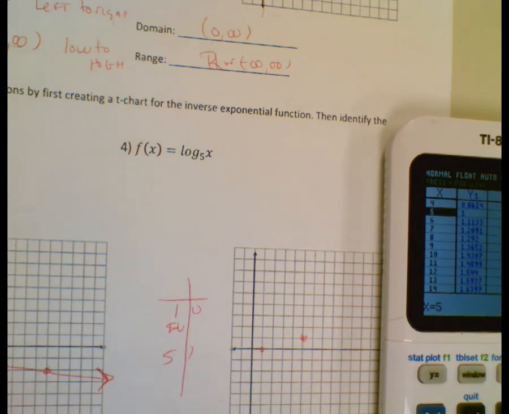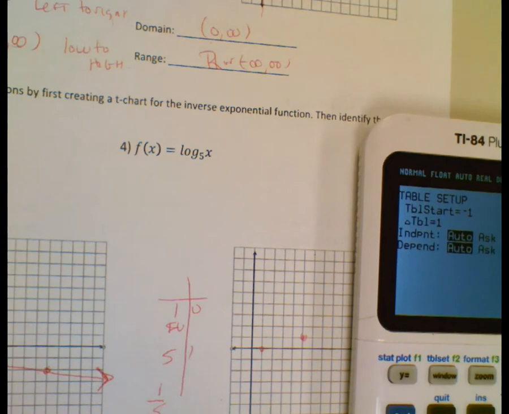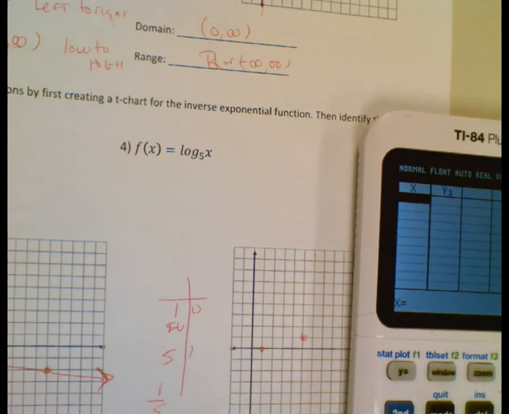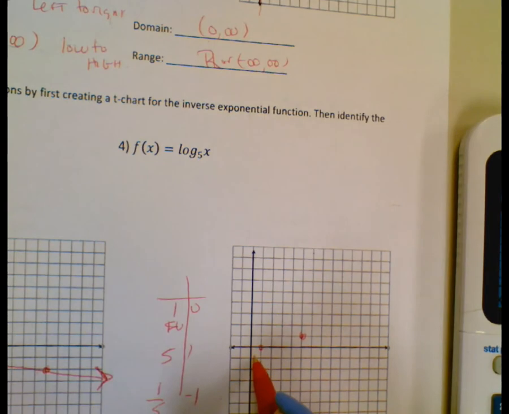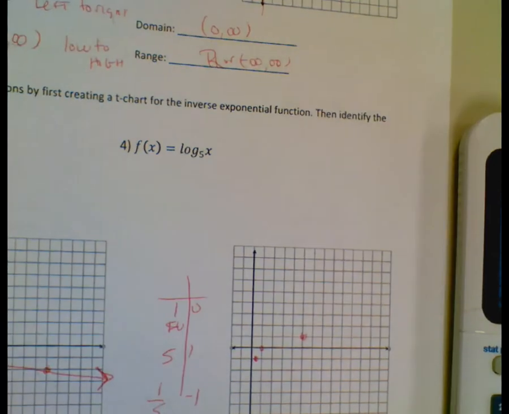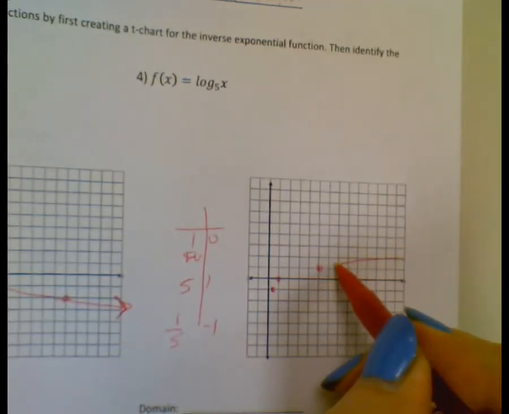So if you can think of something else that has to do with a 5, because of the base 5, that number to me is 1/5. It's got a 5 in it. So let's go back to second window. Ask. And ask for 1/5. You see how it's -1? So 1/5 is right here, -1. And that's 3 points. So all you need is 3 points.